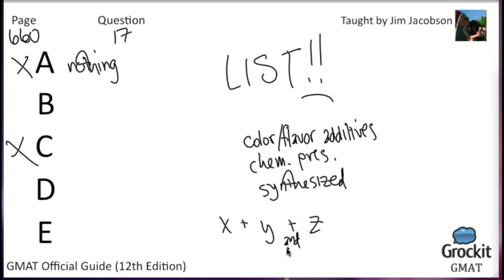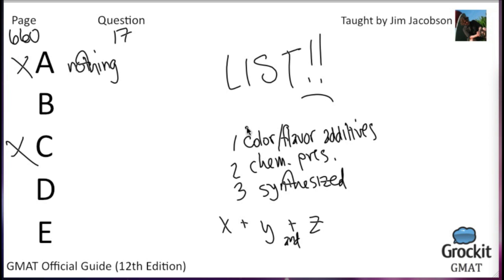Then here's where the difference in and versus or. If we say and, if it doesn't have color, flavor additives, chemical preservatives, and synthesized things, then we can't call it natural. But if it only had 2 of the 3, if we have the word and there, it's only if all three conditions are met that we wouldn't be able to call the food natural.